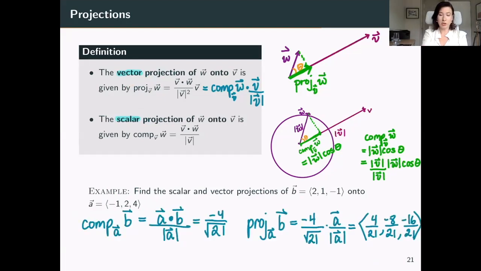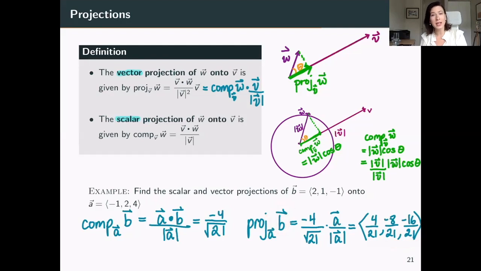The answers that you should have gotten are -4 divided by the square root of 21 for the scalar projection, and you should have gotten this as your vector for the projection of B onto A. Again, be careful with the order here.